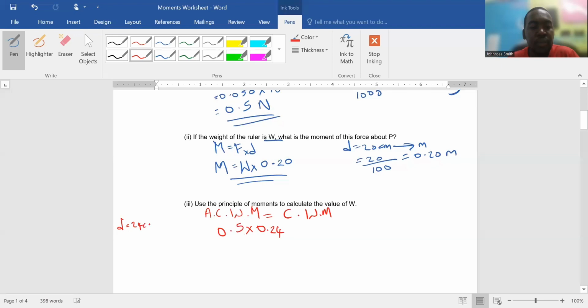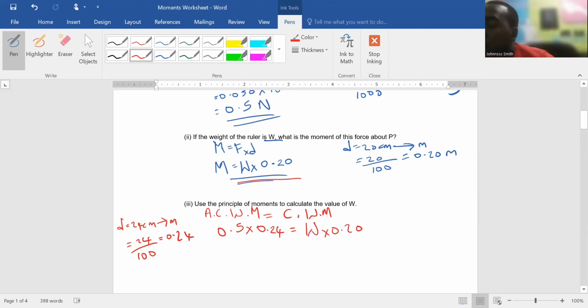So 24 centimeters to meters is 24 divided by 100, we get 0.24. And then that's equal to the clockwise moment, which would be this part that we just did, W multiplied by 0.20.